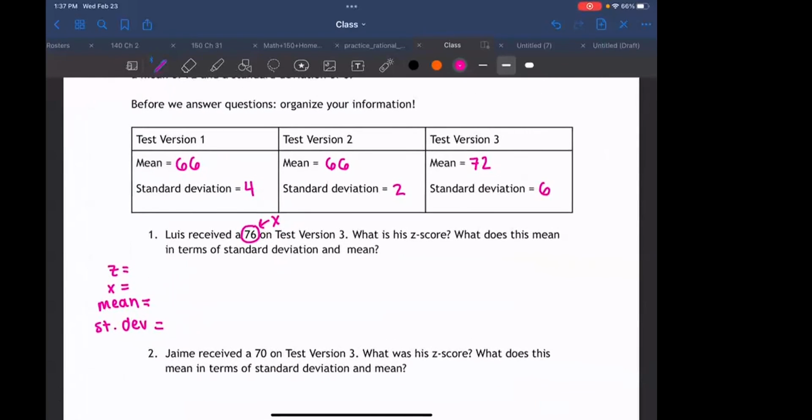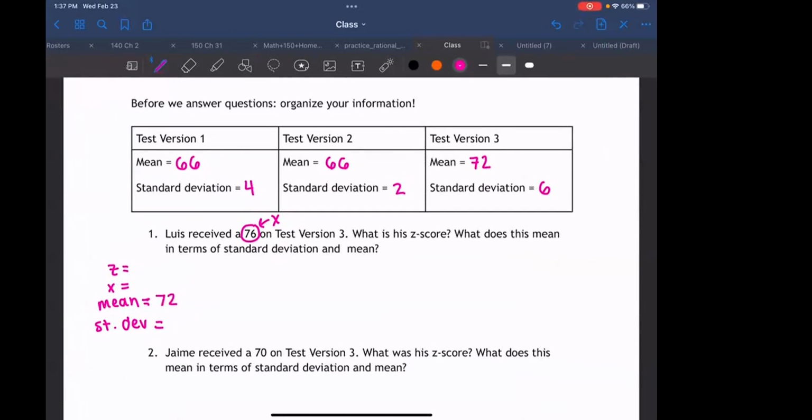We have the mean of, this is version 3, right? So our mean is 72, standard deviation is 6, x is 76, and we don't know z. That's what it's asking us to find. Well, we can plug it in. We have z equals x minus mean over standard deviation.